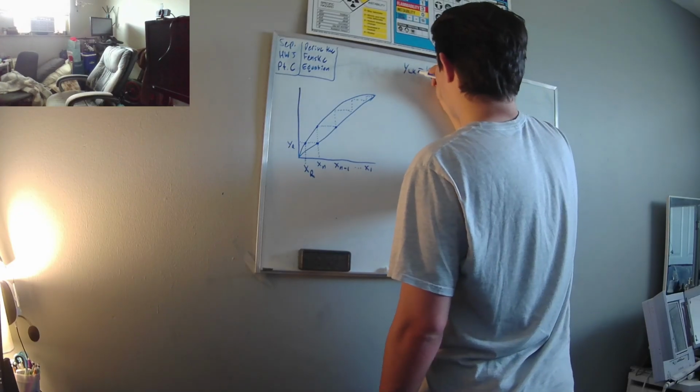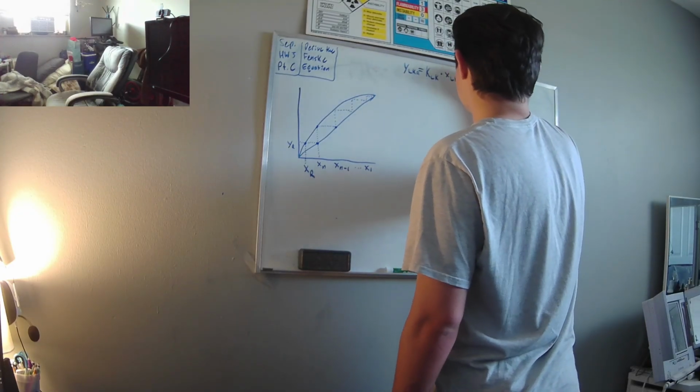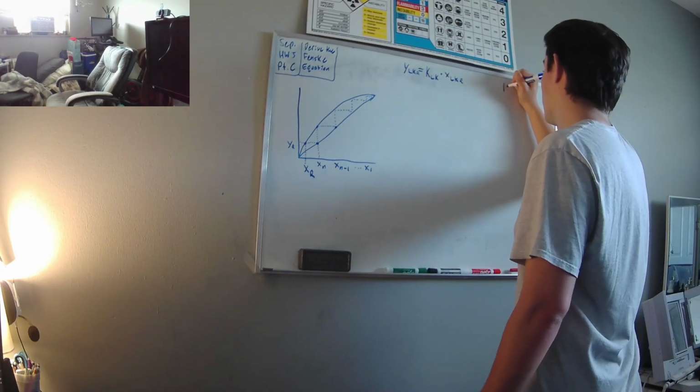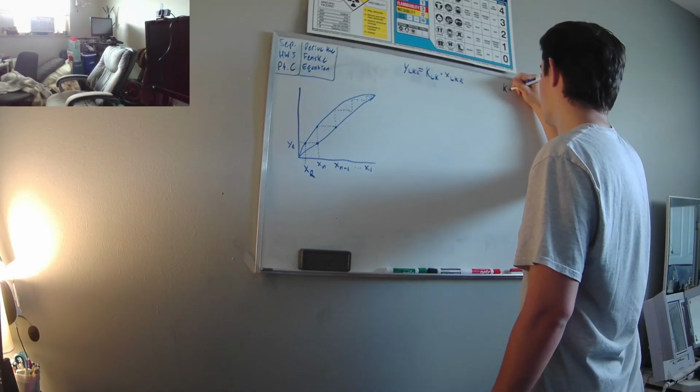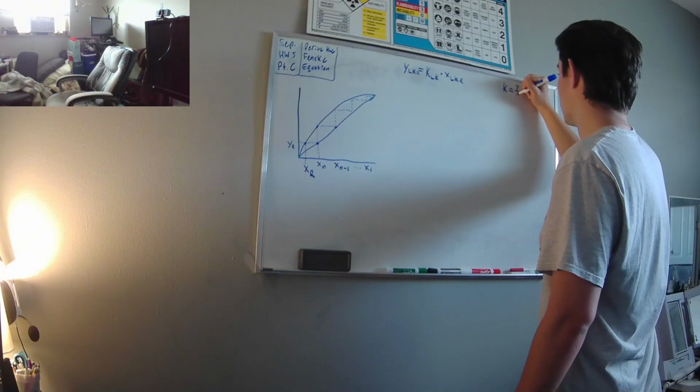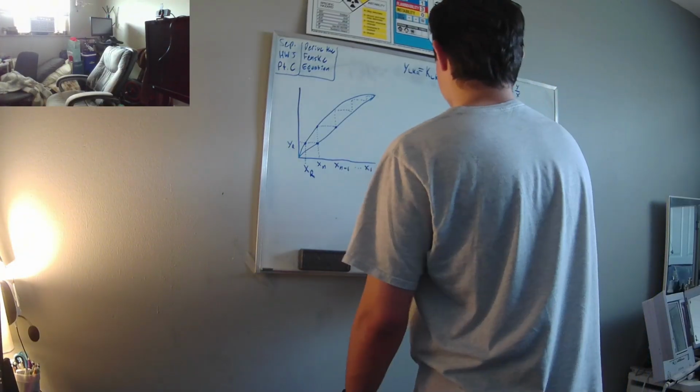And these are both at the reboiler. We'll recall that our partition coefficient K is going to equal our Y value over our X value for a given mixture.